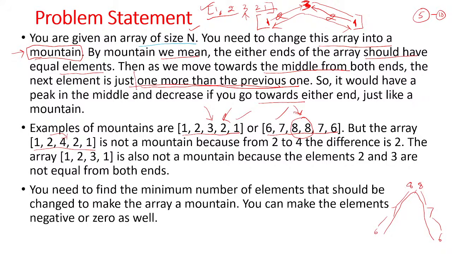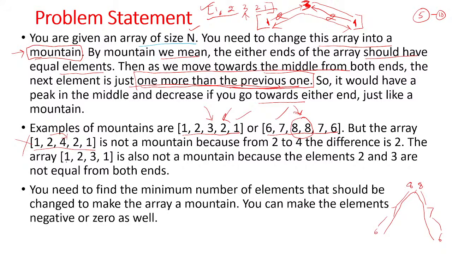I am highlighting these kinds of properties; you should note them down on paper so that you can build the logic easily. That's why this is not a mountain array.